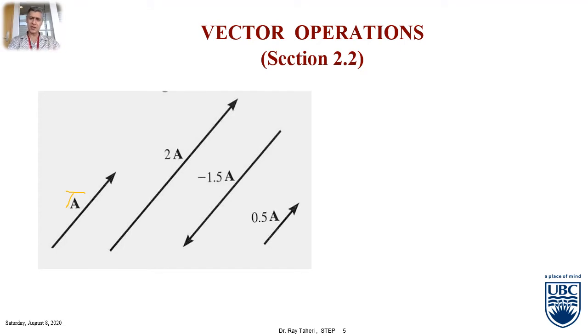If A is here, 2A is twice as long as A. Minus 1.5 A, the length is 1.5 times A, and the direction is going to the opposite direction. 0.5 A, or you divide A by 2, is the same direction, but the magnitude is half of the original A. That is correct every time you multiply a vector by a scalar.